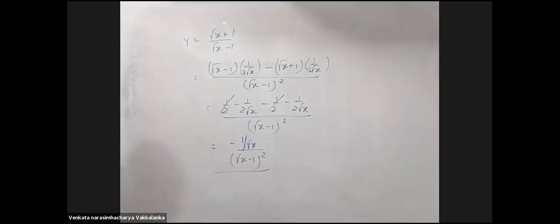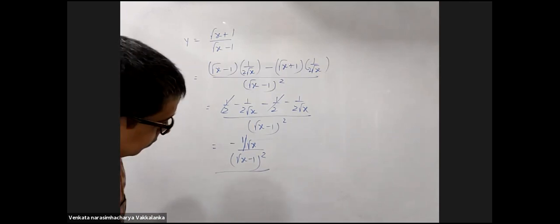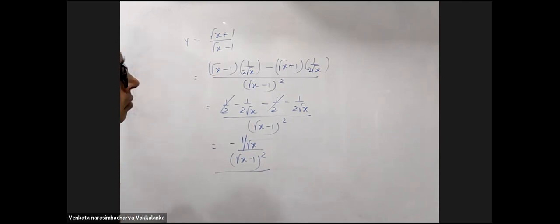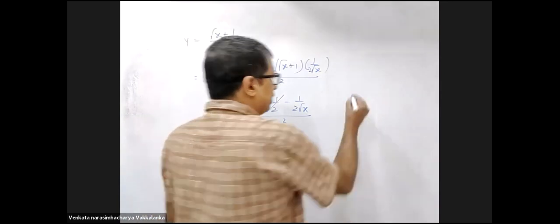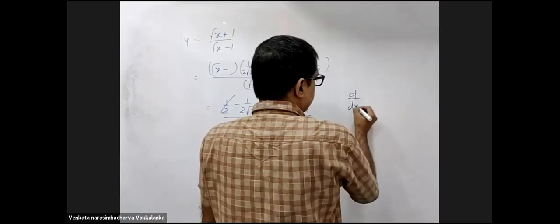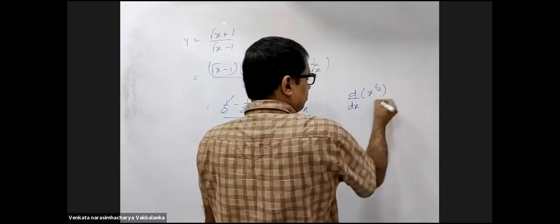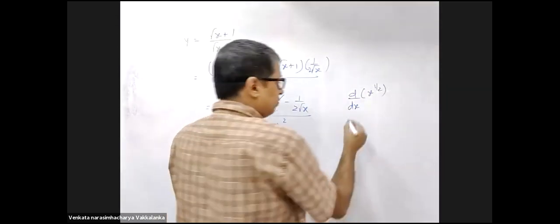Sir, what was the answer of this in the booklet? Same. So differentiation of root x will be 1 upon 2x or 1 upon 2 root x? 1 upon 2 root x. By chance, if ever you get that down, do it. Root x is x to the power half.